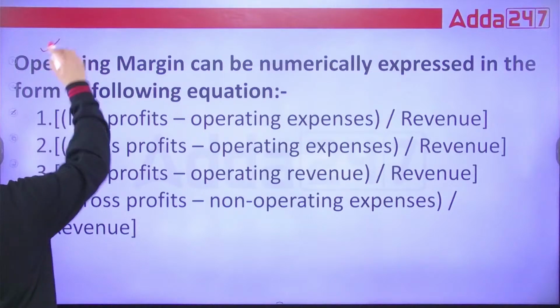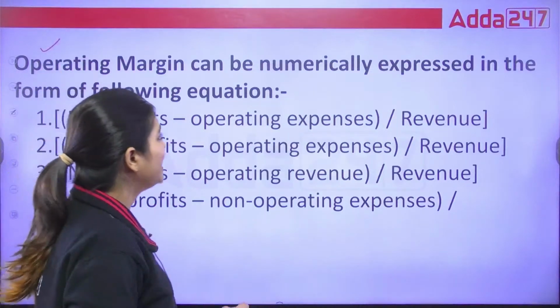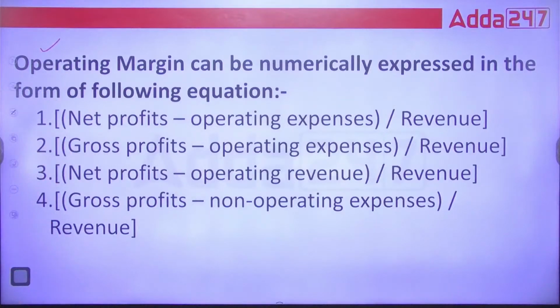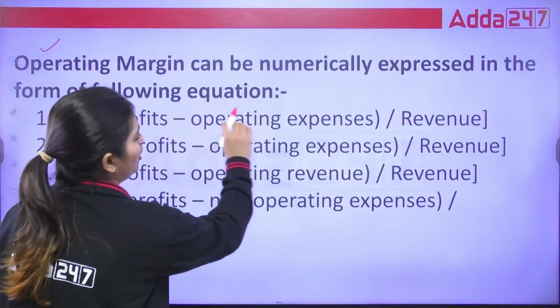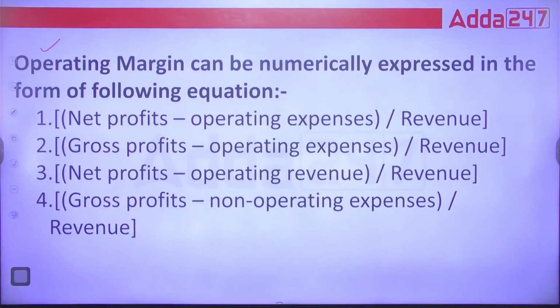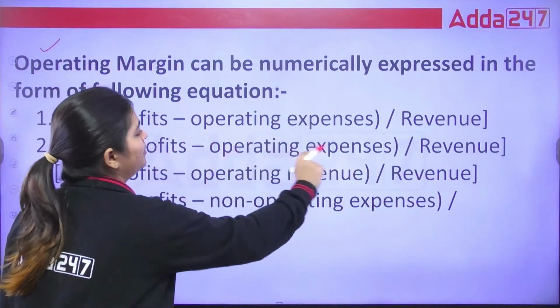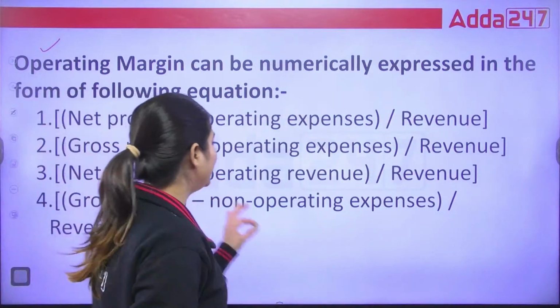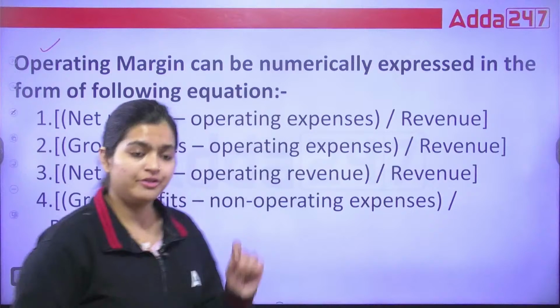First, operating margin can be numerically expressed in the form of the following equations. First, net profits minus operating expenses divided by revenue. Second, gross profits minus operating expenses divided by revenue. Third, net profits minus operating revenue divided by revenue.